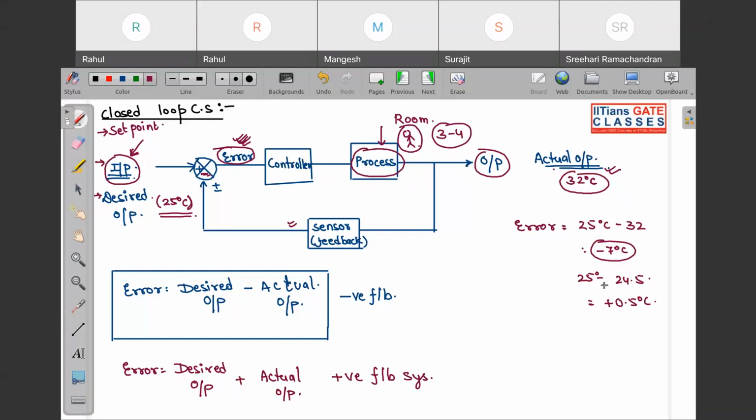Or suppose the outside room temperature starts to increase. The air conditioner on its own will maintain the temperature of the room near 25 degrees C. So now you understood, Surjit, what the desired output and actual output are, and why this input is termed the desired output. Is this clear now?